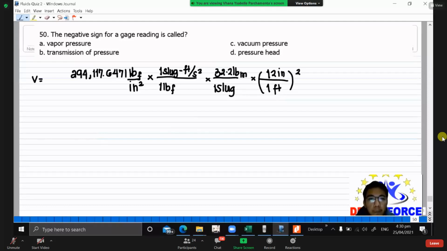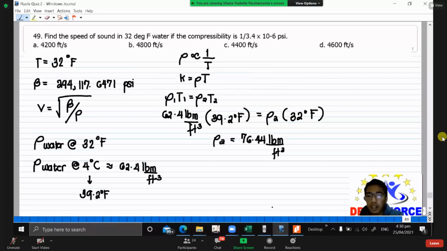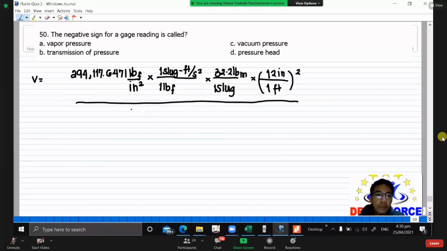Pound force is slug. You have your inches is squared. Meron ka pang pound mass. Divide natin ng density. Ay nakuha natin 76.44 pound mass per cubic feet.